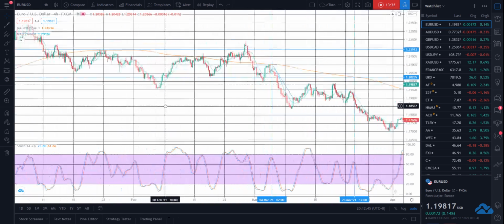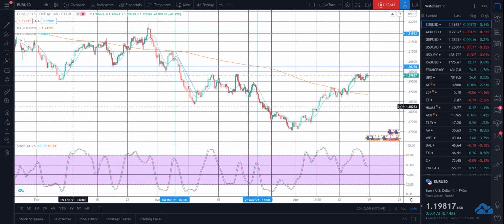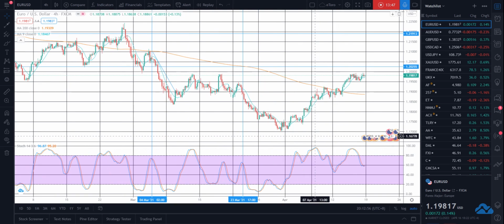Something that I can see on this chart, and it's very important when you're using oscillators, is divergence. So you may look for divergence, because when you see divergence, that means a potential trend change, and I'm just trying to spot the divergence.